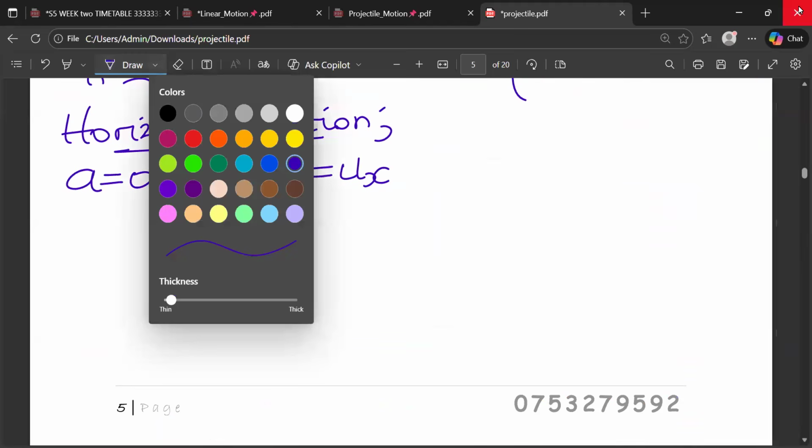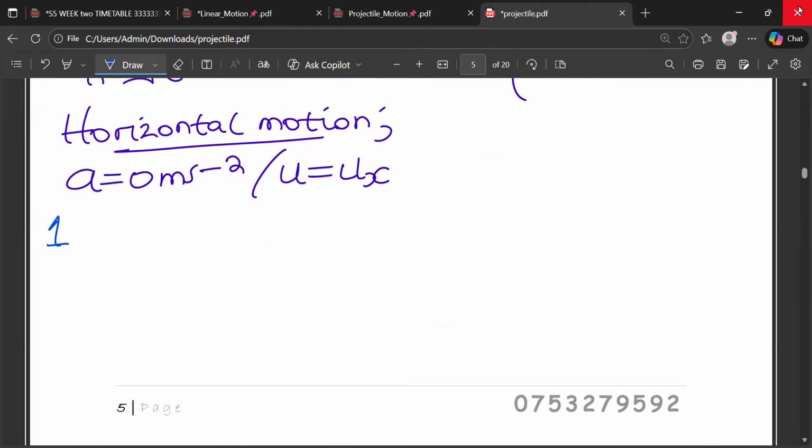Okay, so when I come here and say using the first equation, which is v equals u plus at, remember you're talking of horizontal motion. So you need to know which equation exactly is going to help you.